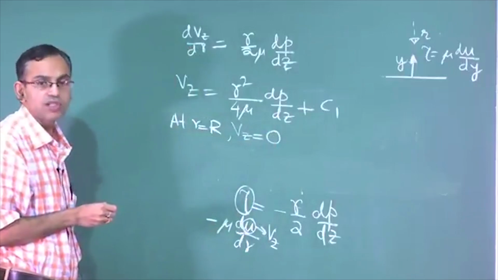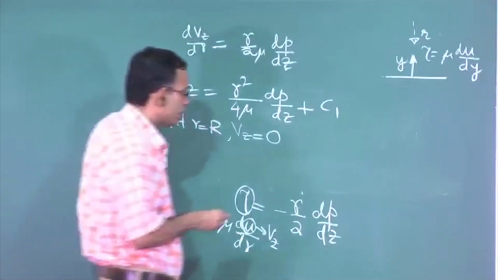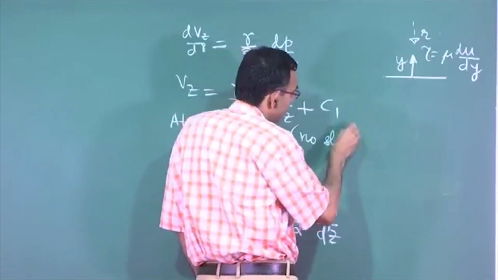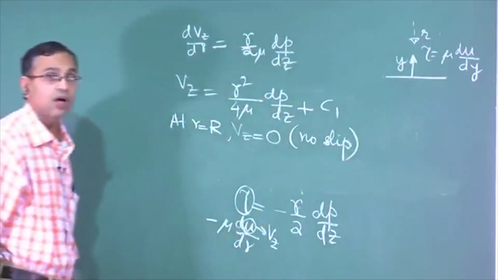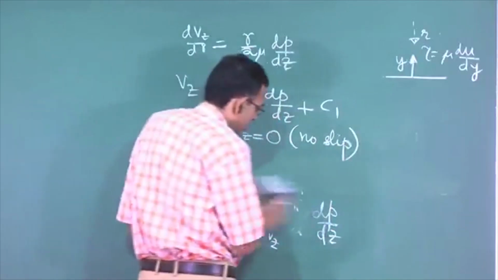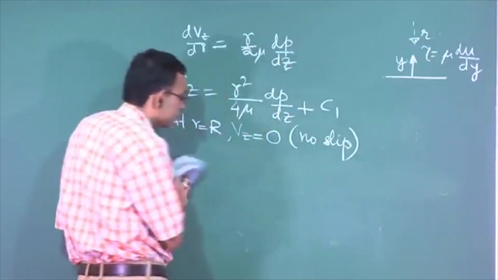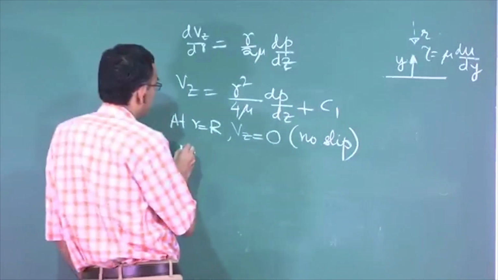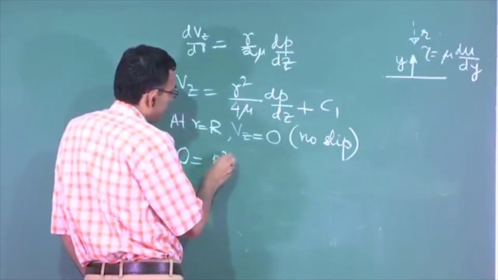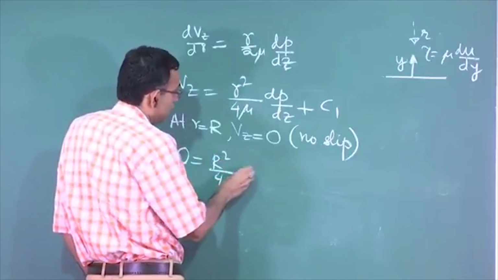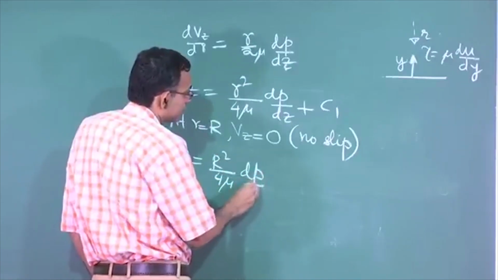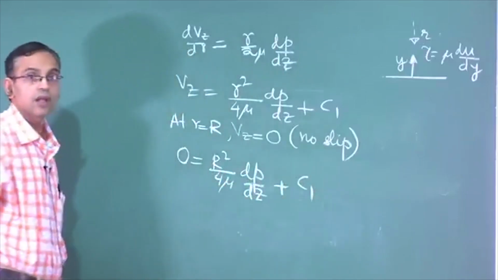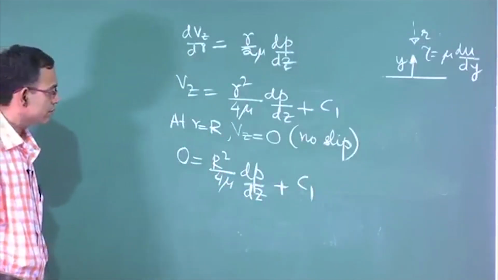This is called no slip boundary condition. We will see briefly what is slip, in case you have slip instead of no slip. So you will have 0 is equal to r square by 4 mu dp dz plus C1.